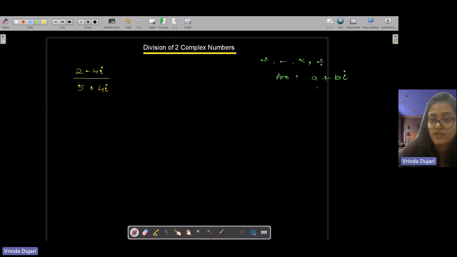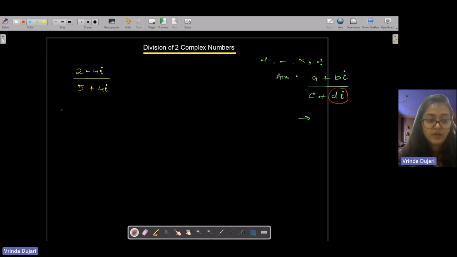So right now you have this form, a plus bi divided by c plus di. There are two different complex numbers, and we have to reach a form where only a plus bi remains. So we actually have to get rid of the imaginary term from the denominator.